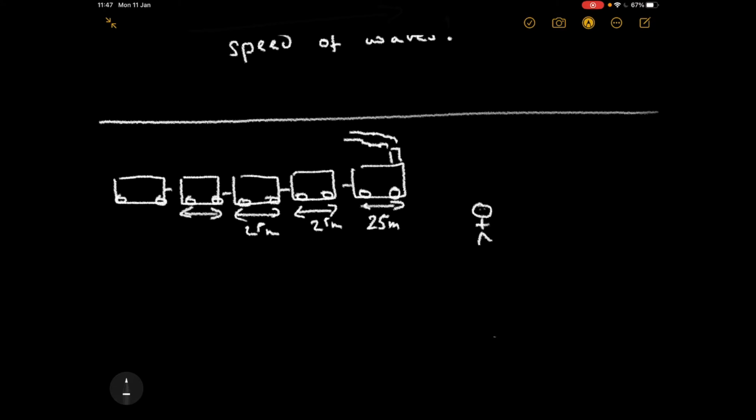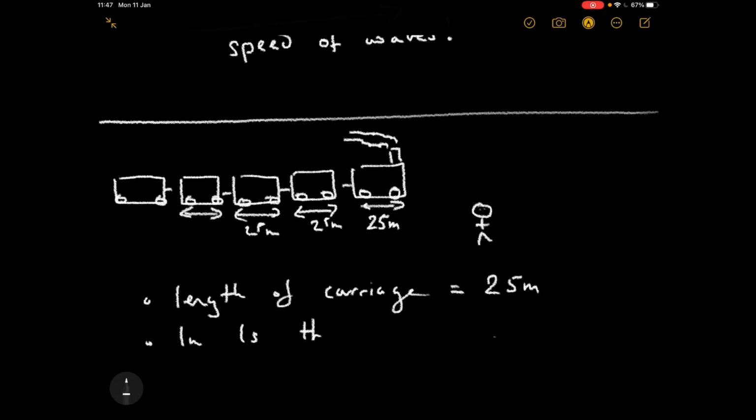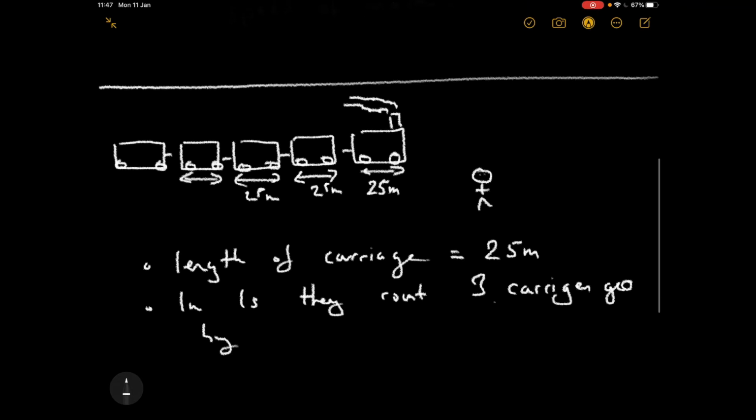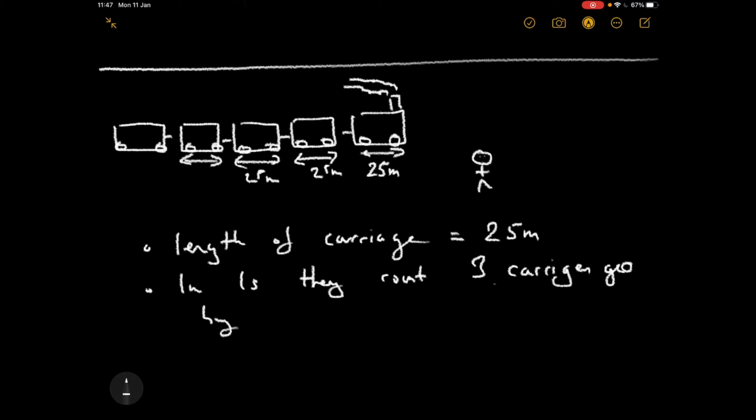So they know the following. The length of the carriage is 25 meters, and in 1 second they count 3 carriages go by. With that information, how fast is the train going?